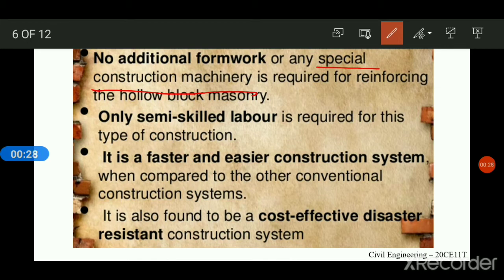Only semi-skilled labor is required for construction of these hollow blocks. So it is a faster and easier construction system compared to other systems, and is also found to be a cost effective, disaster resistant construction system.